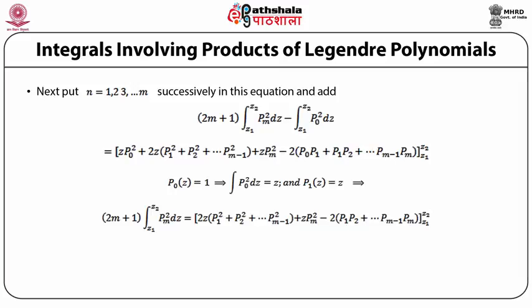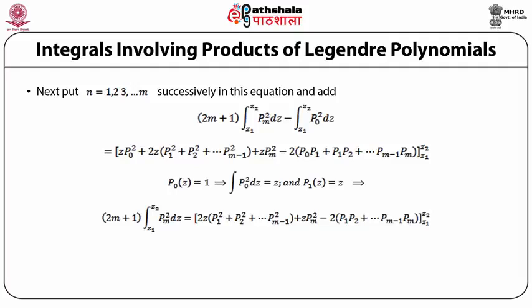The above equation becomes (2m plus 1) multiplied by the definite integral over z going from the limits z1 to z2 of Pm square is equal to, within the main brackets, 2z multiplied by, within the small brackets, P1 square plus P2 square plus up to Pm minus 1 square, bracket close, plus z times Pm square minus 2 multiplied by, within the brackets, P1 P2 plus so on till Pm minus 1 Pm.